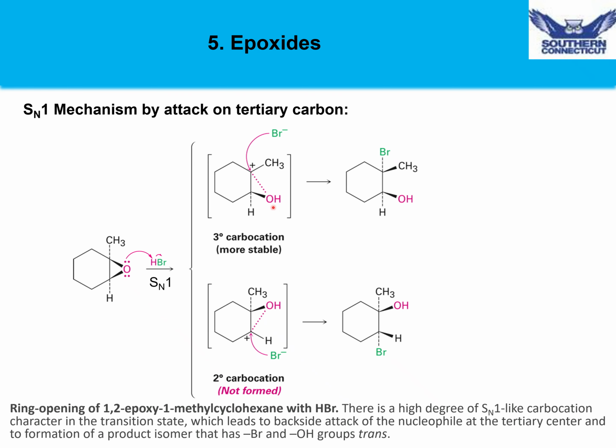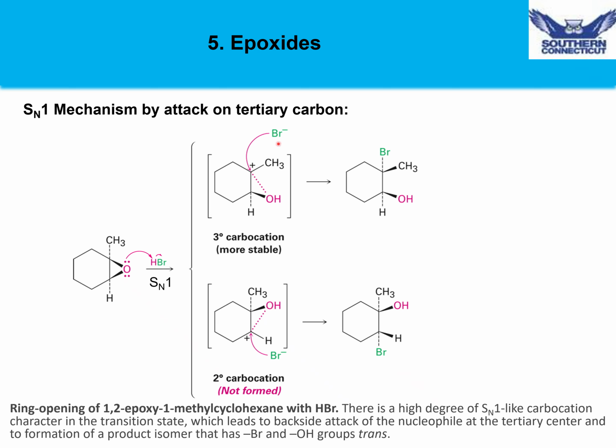We can think of that protonated epoxide intermediate as having a partial bond broken between the oxygen and the carbons that it is attached to. If we think about having a carbocation or a partial positive charge on the tertiary carbon, based on what we know about stability of carbocations, we would say that that's a more stable carbocation than the alternative secondary carbocation that would form from partially breaking the bond between this carbon and the oxygen of the epoxide.